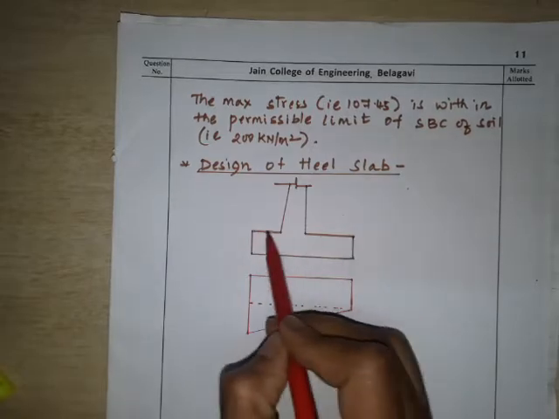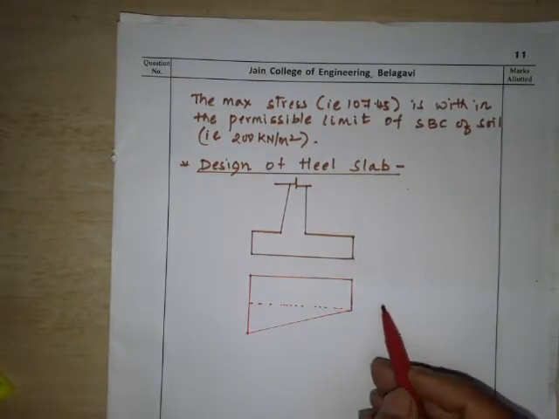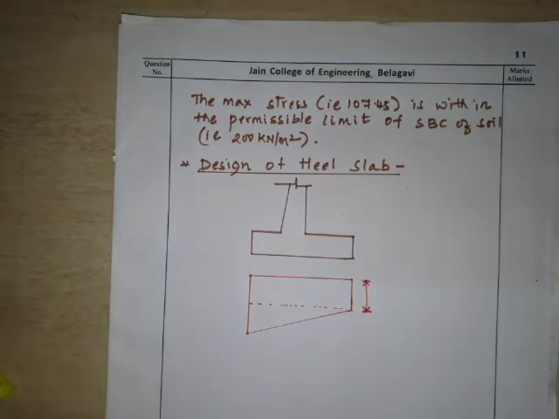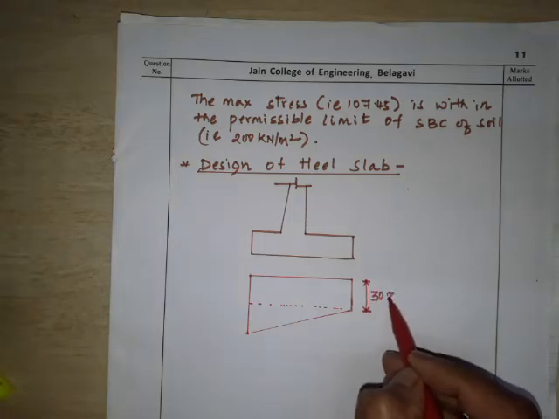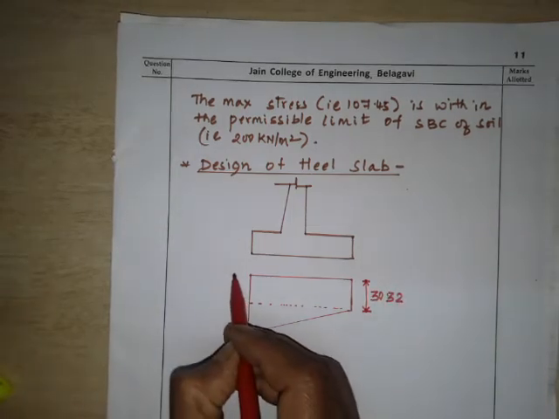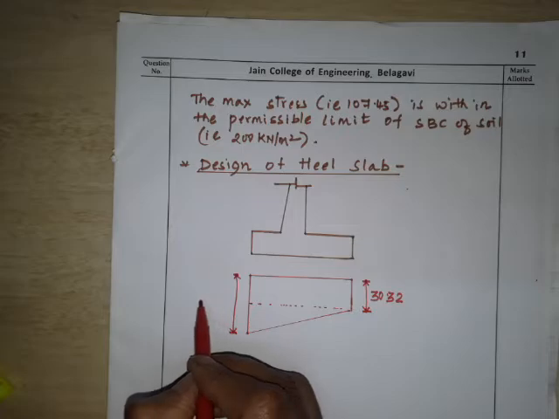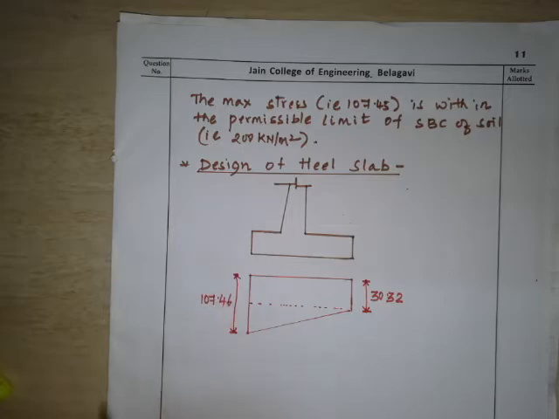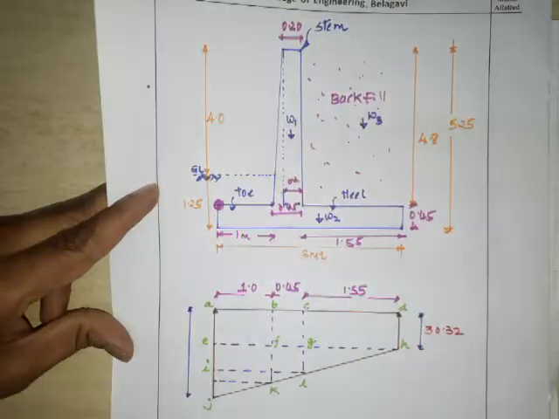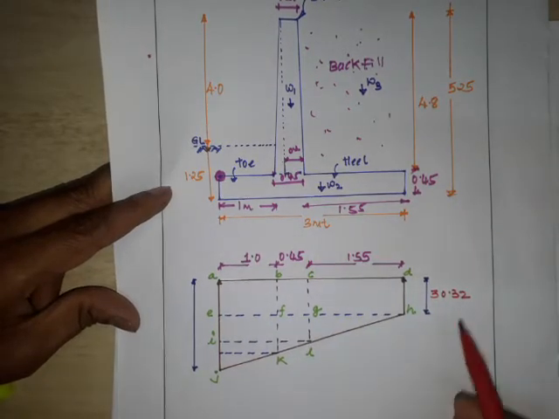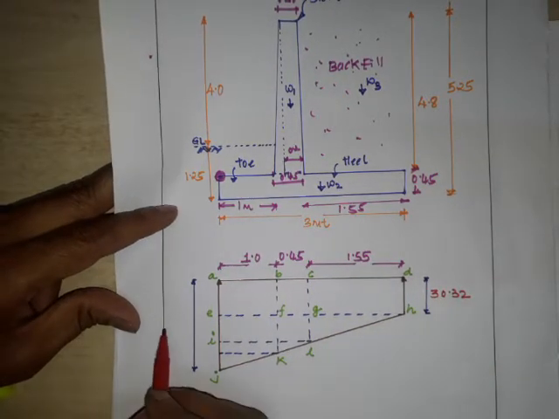Below the base slab we have the pressure distribution, and we have got these two values, 30.32 and 107.46. For better explanation I have drawn it here once again.